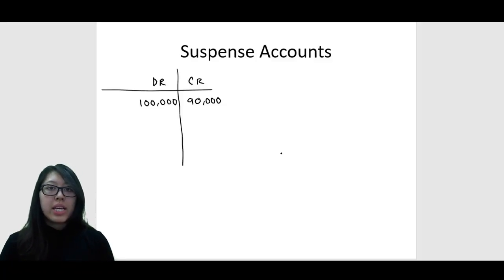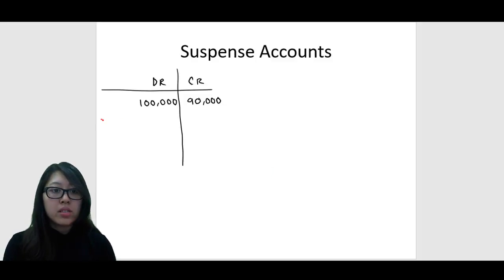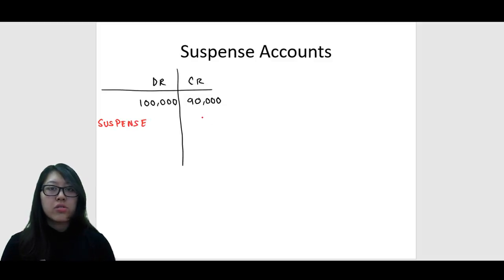Let me show you how it's put into use. So let's say in our trial balance I've already added all of my debits and all of my credits, but then somehow they end up not balancing. So in here my debits, let's say, are 100,000, but my credits only add up to 90,000. To make my trial balance temporarily balance, I will open a suspense account over here. This suspense account is just there to temporarily make my debits and credits balance.